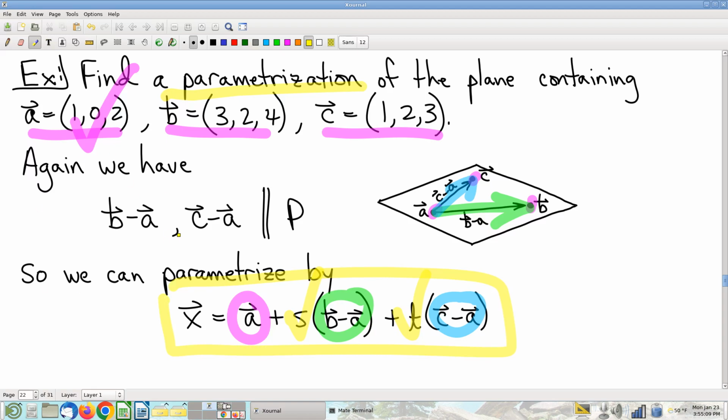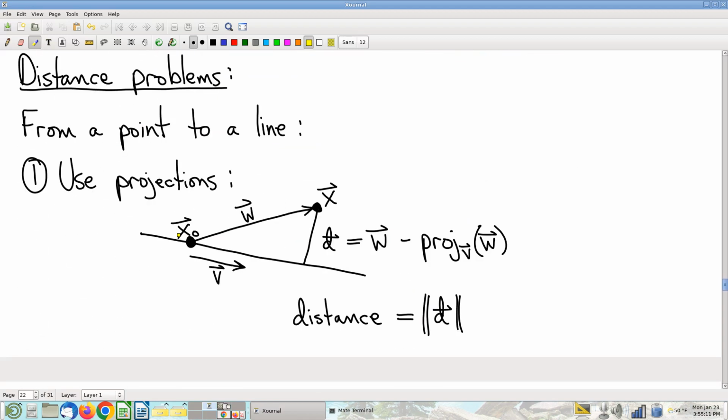Okay. So, there's a category of questions involving lines and planes and points and stuff, namely, how do I find various distances? So, distance from a point to a line, distance from a point to a plane, distance from a line to a plane, all these kinds of things. I'm going to show you some examples of such questions and how to solve them.